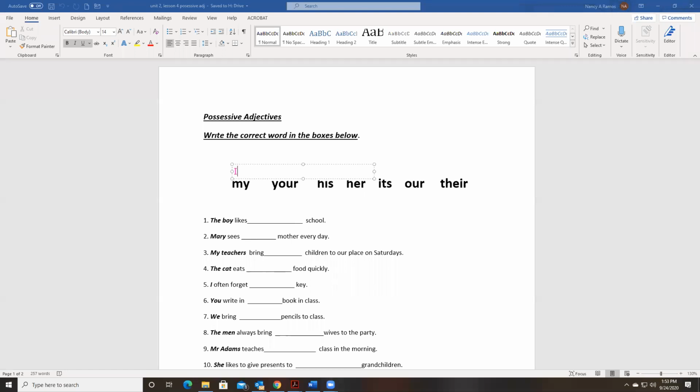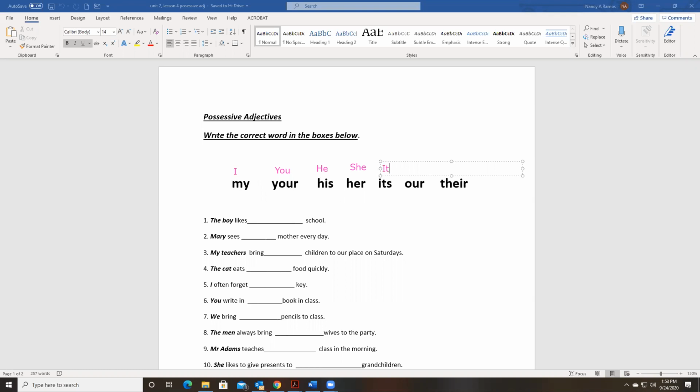So remember, when you're talking about I, your possessive adjective is my. When you're talking about you, the possessive adjective is your. When you're talking about he, it is his. When you're talking about she, it is her.